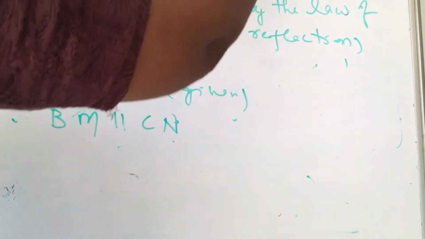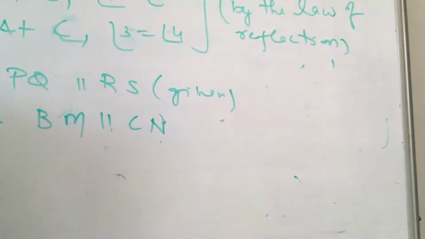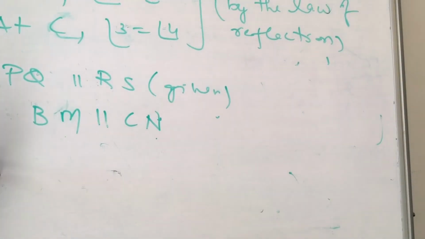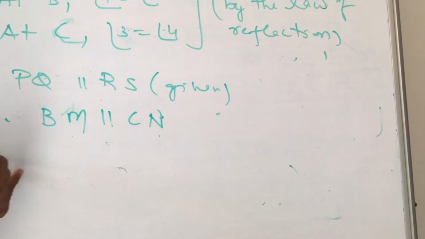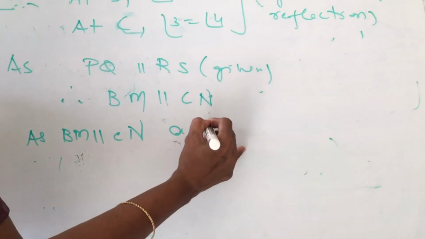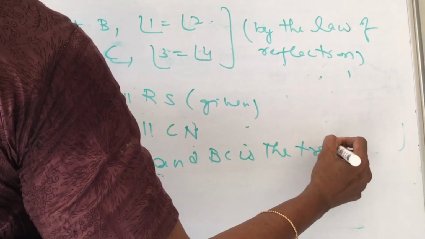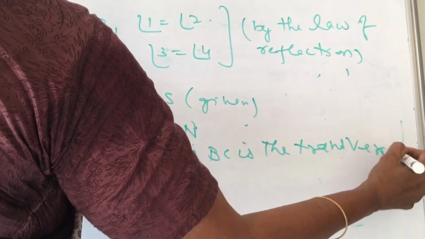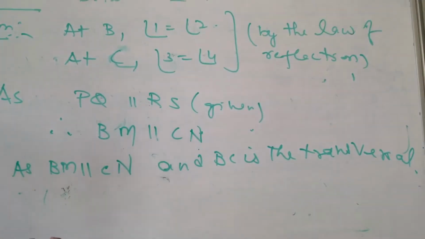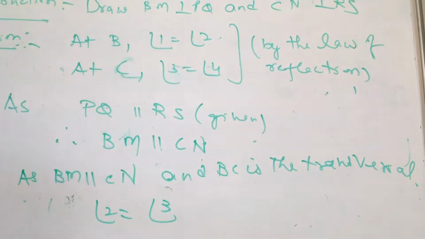If BM is parallel to CN, children, what will be the transversal for these two parallel lines? BC is the transversal, so angle 2 is equal to angle 3.